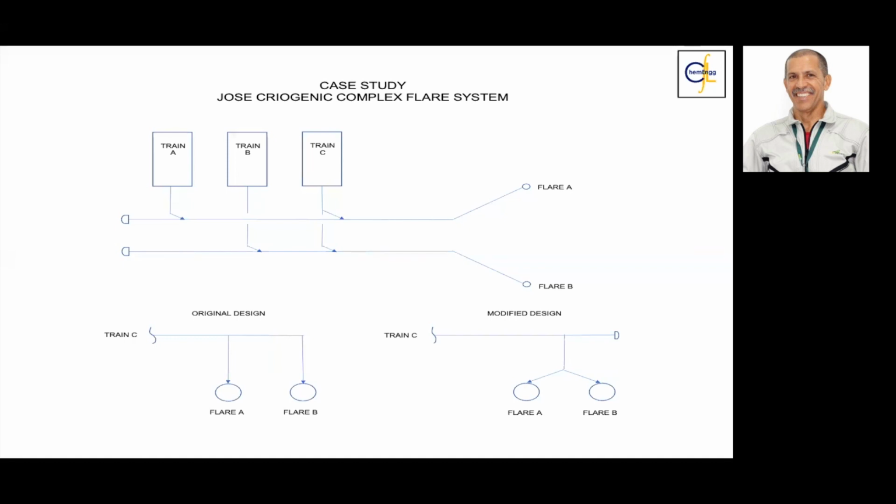And then we needed to do something very quick because we were commissioning that plant. We had to run a very quick study, a dynamic hydraulic study, to find a solution for this connection, to get a proper distribution of the flow coming from that flare header.